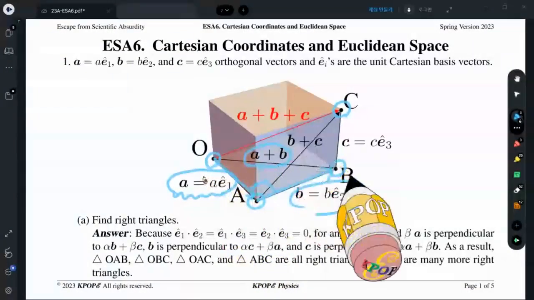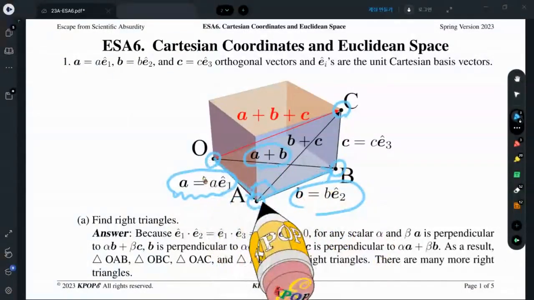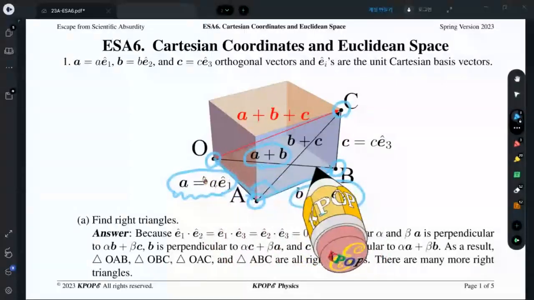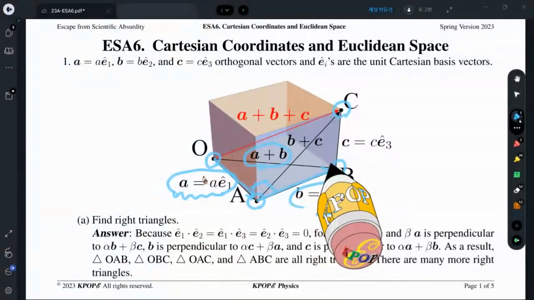Because this is a rectangle and these two vectors are side vectors, this is nothing but the diagonal.